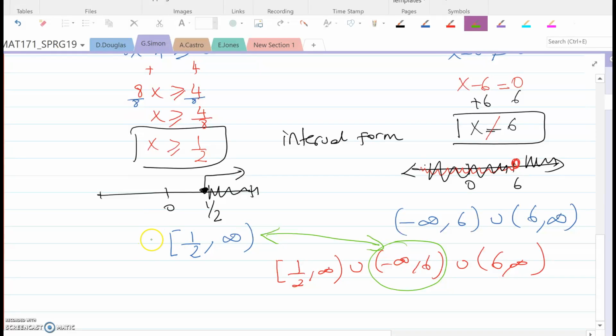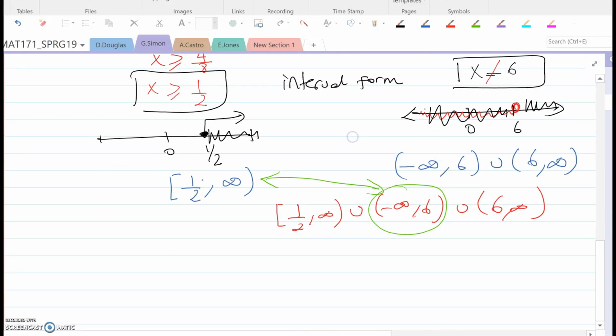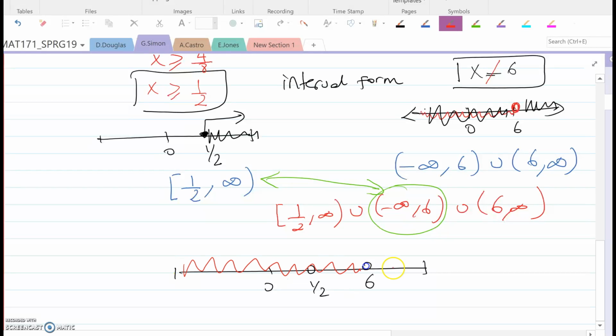Because for restriction 1, let's call it, and restriction 2. For restriction 1, we want the numbers to start with 1/2, and from there we want it to go to infinity. So if you think about it together on a number line, we have 0, 1/2, and 6. For 6, we want all the numbers here and all the numbers there.